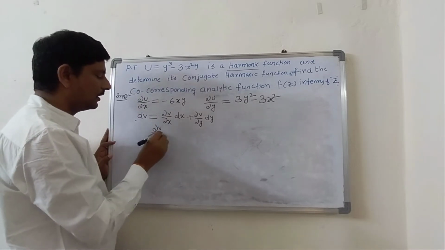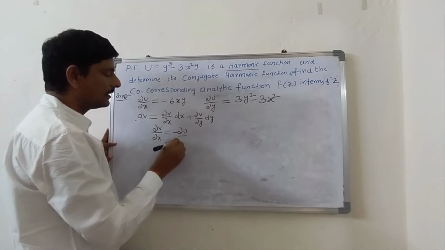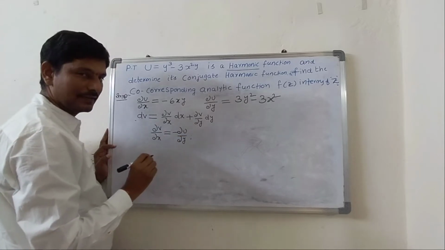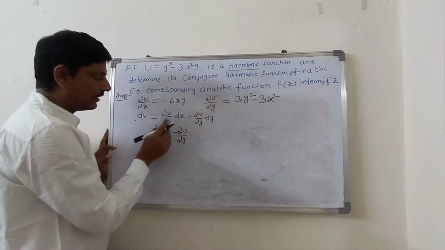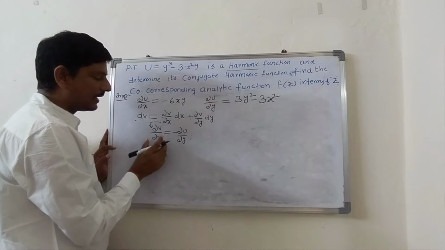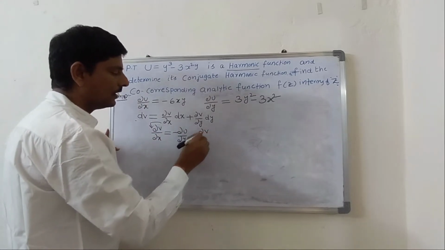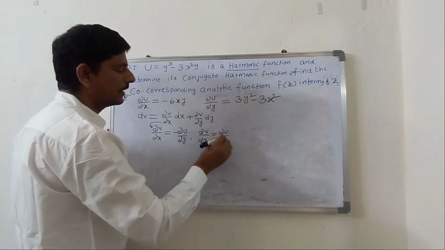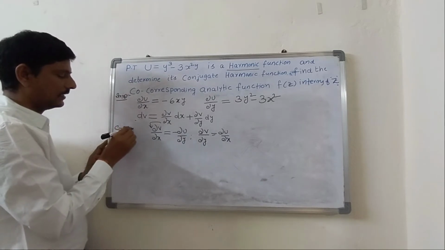Clearly we know that ∂v/∂x is equal to −∂u/∂y. So ∂u/∂y is equal to −∂v/∂x, but here we need the value of ∂v/∂x, so in reverse we write ∂v/∂x is equal to −∂u/∂y, and ∂v/∂y is equal to ∂u/∂x. These are the CR conditions.